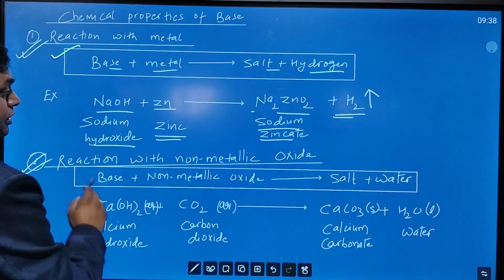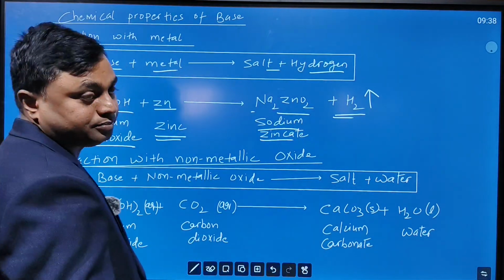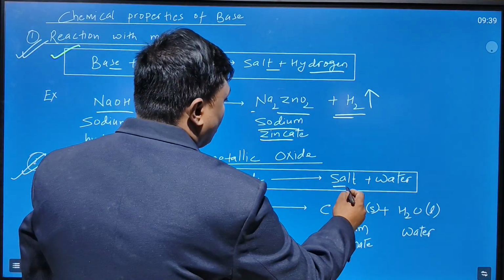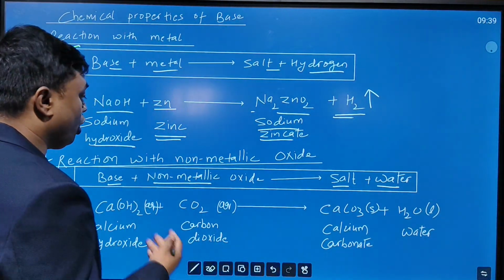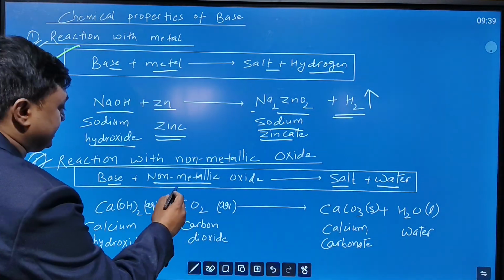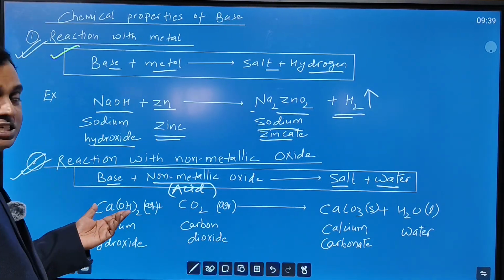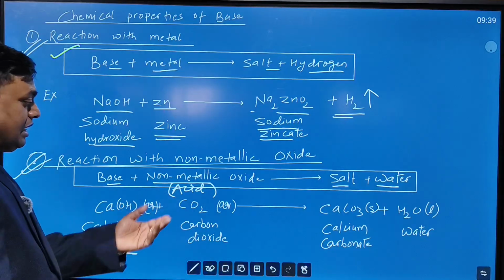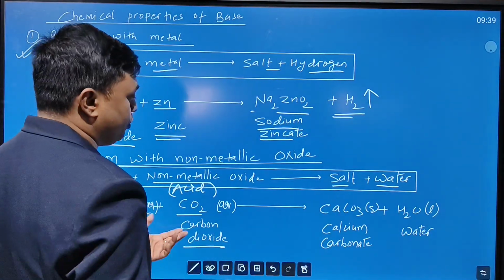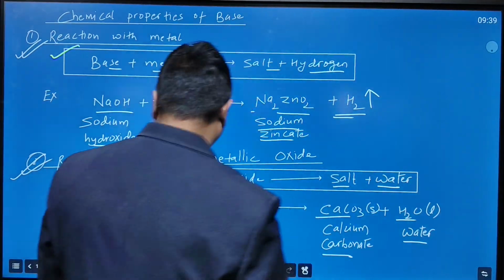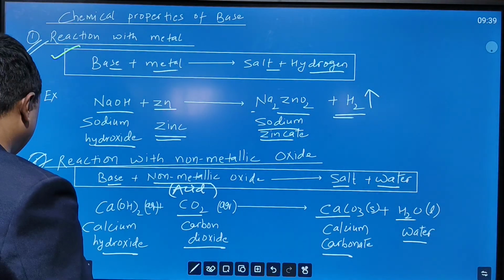Reaction of base with a non-metallic oxide. Base reacts with non-metallic oxides to give salt plus water. Non-metallic oxides are generally acidic in nature. For example, calcium hydroxide, Ca(OH)2, reacts with CO2 to give CaCO3, which is a salt, plus H2O. How can you say that CO2 is acidic in nature?